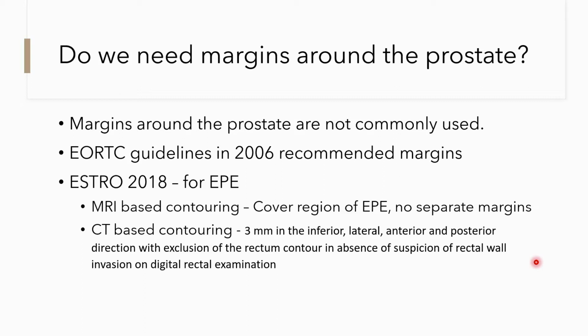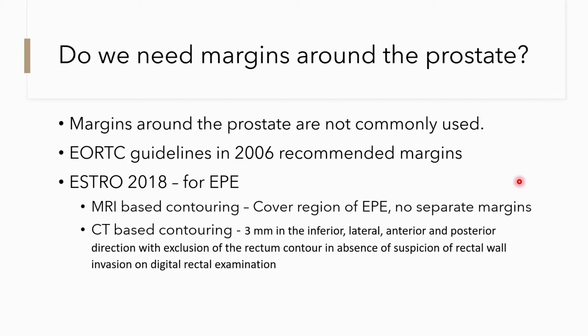However, what's different about prostate cancer is that margins around the prostate are not commonly used in clinical practice. The EORTC guidelines of 2006 did recommend using margins, but those are old guidelines for a time when there was no IMRT, no 3D.